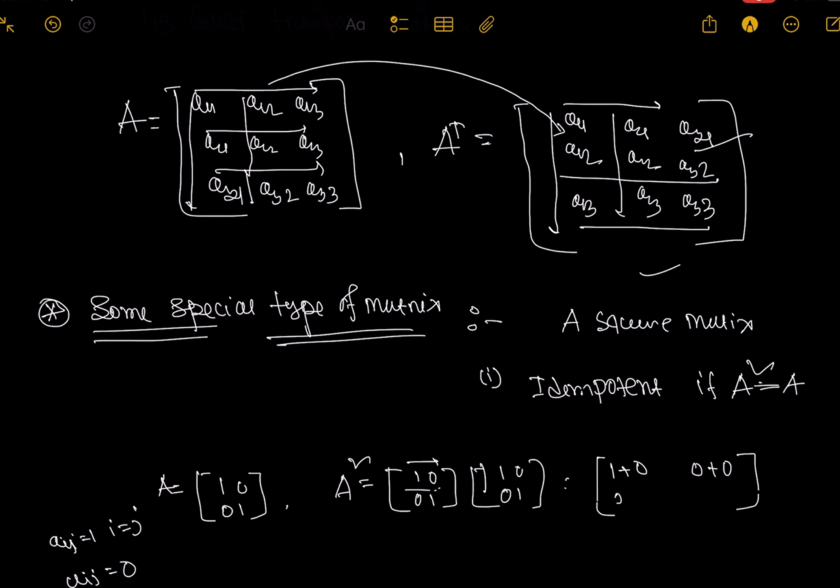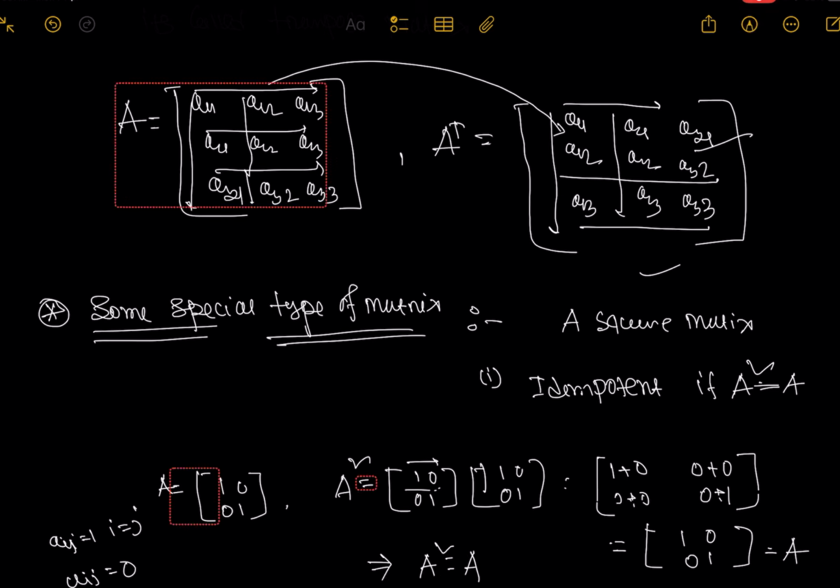This also 0 plus 0. This is 0 plus 1. What is the final matrix? The final matrix is 1 0 0 1, which is nothing but A. So here we see that A square equals A. So this is an idempotent matrix.